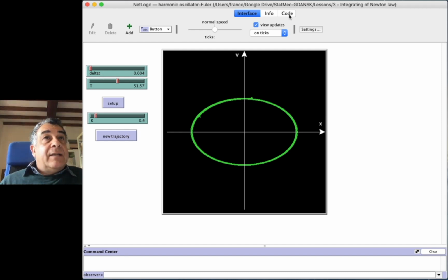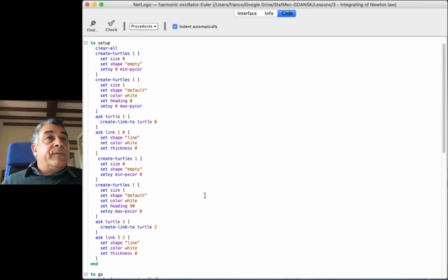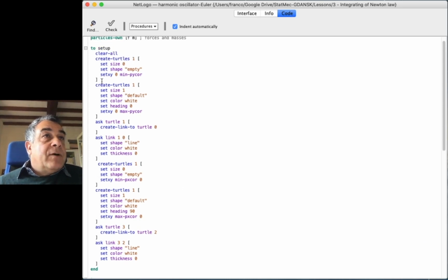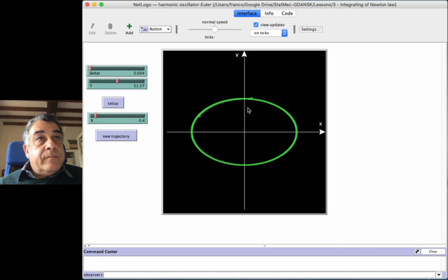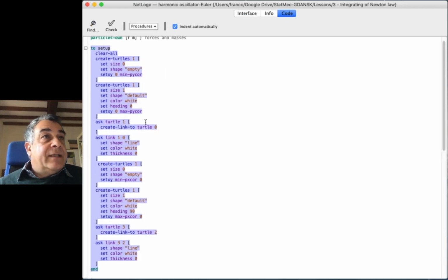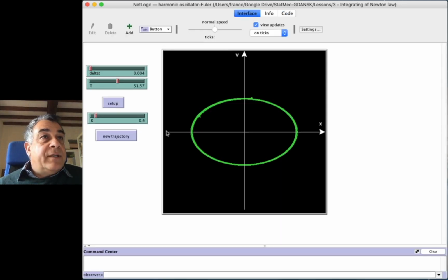And so let's have a look at the code that you can download from the web page. Actually, most of this setup is just to draw these two arrows. Essentially, I define a couple of turtles, one which is invisible here, and one here with this shape, and this is a link.